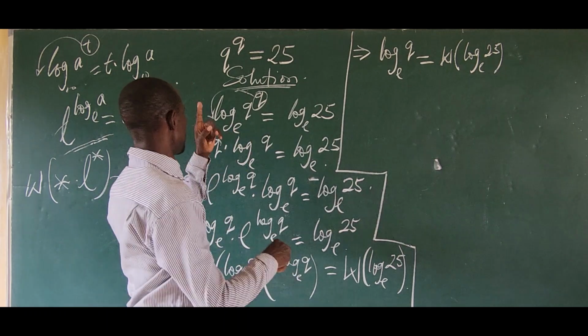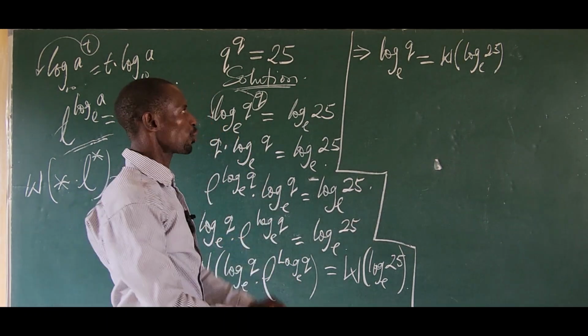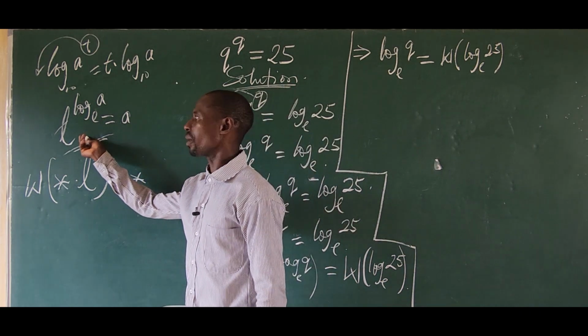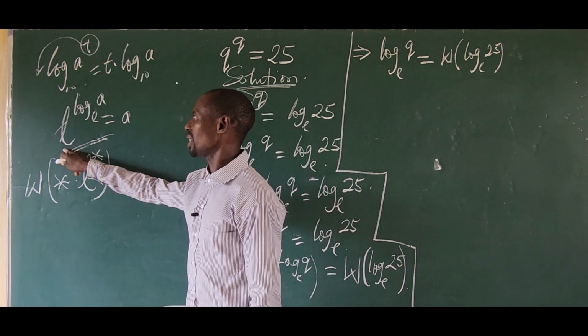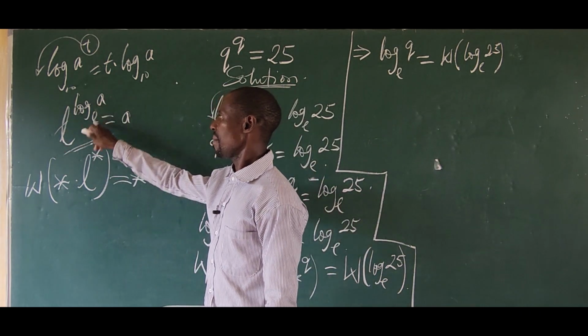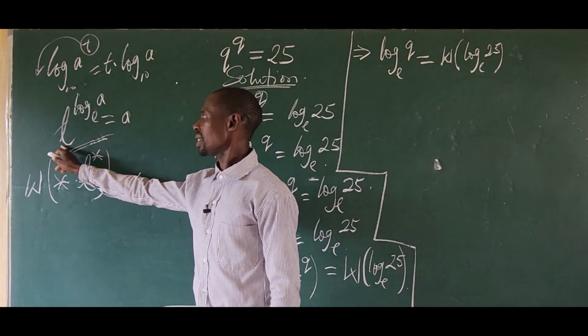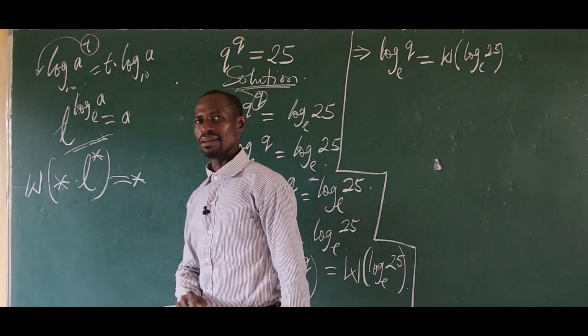Mind you, from the exponential equation, we're looking for q. So we go back to this law, that when we have e raised to log a base e, because this is carrying base e, it cancels out and we are left with a.